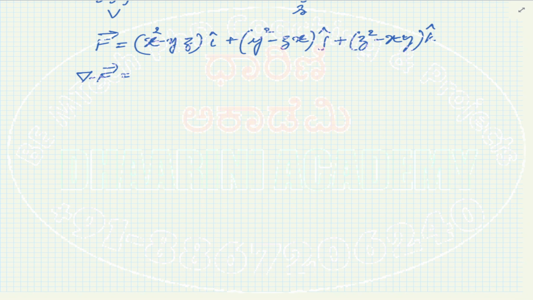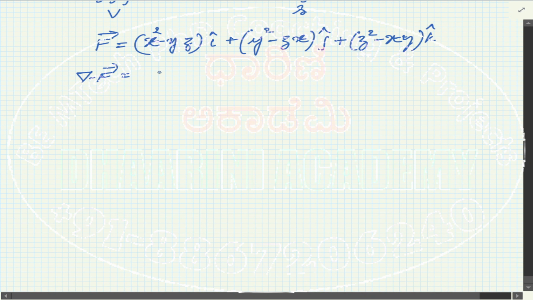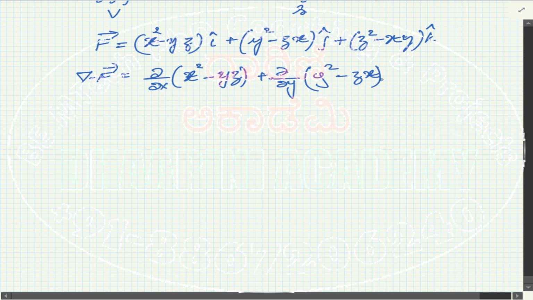So this implies dou by dou x of x squared minus yz plus dou by dou y of y square minus zx plus dou by dou z of z square minus xy.